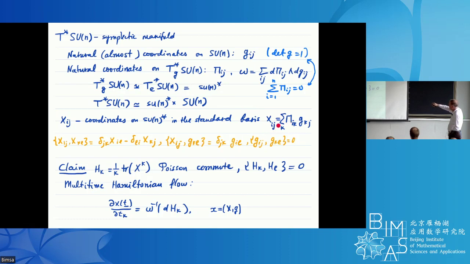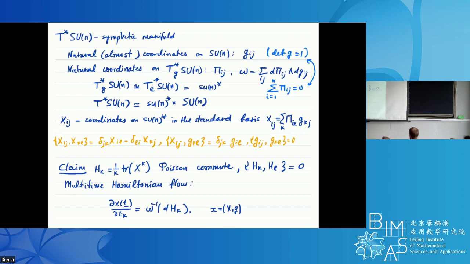This translation is given simply by this matrix multiplication. And then between the coordinate functions x and g, we have these Poisson brackets. So this is the usual Poisson bracket on the dual space to SU(N), and this is how they are assembled together with g.